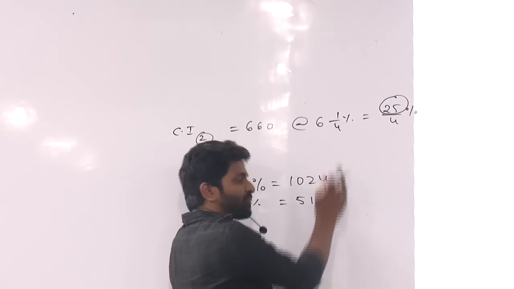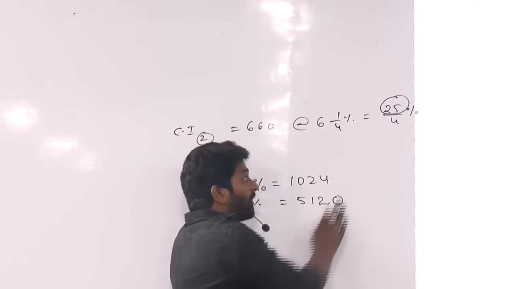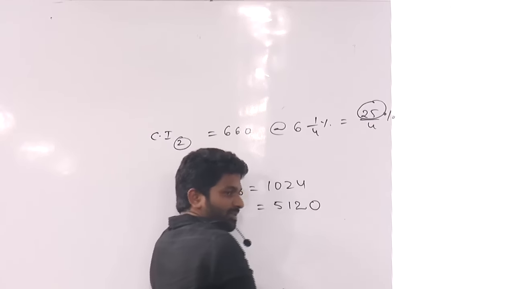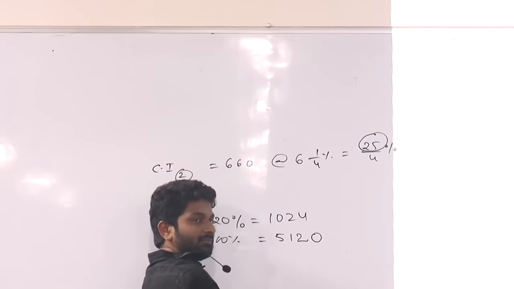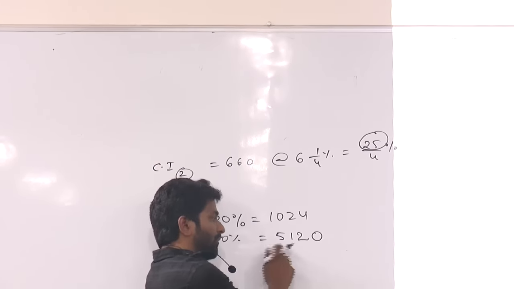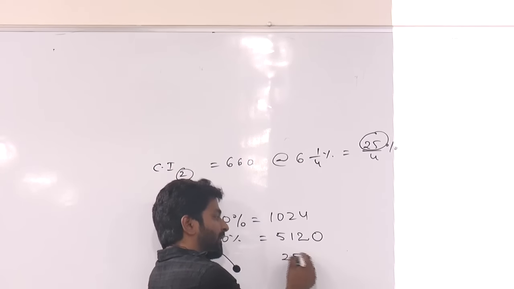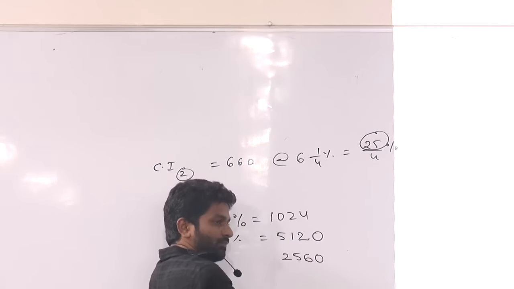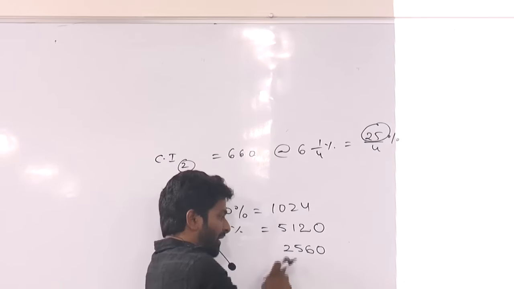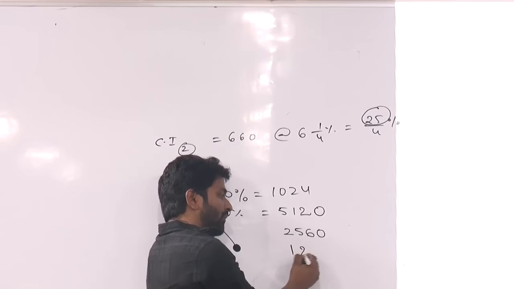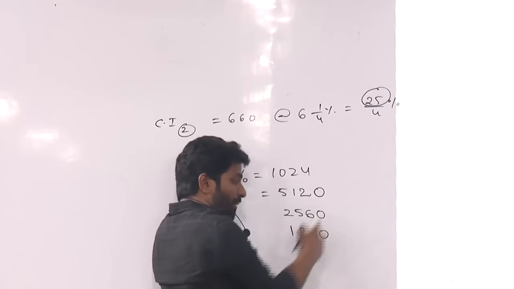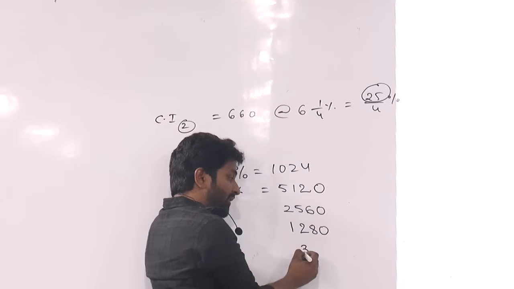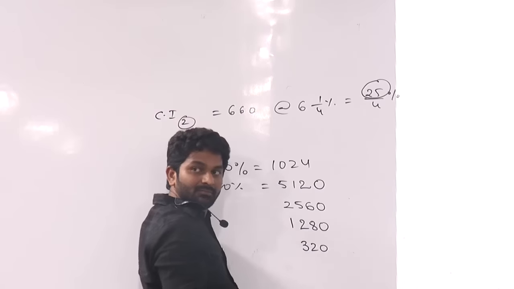I need to calculate 6.1/4%, which is 25/4%. Correct? Half of this number? 2560, that is 50%. Half of this number? 1280, 25%. By 4, 320.